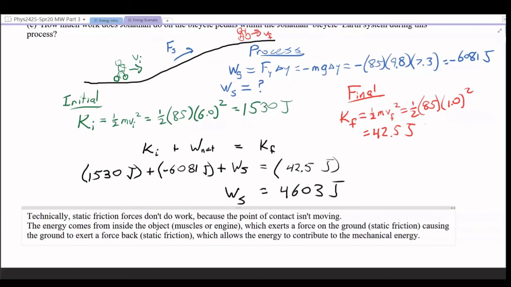And that's what allows the energy to be transferred to the object as work. So it was internal energy, and because of this grip on the ground with static friction force, it becomes work, and work contributes to the chemical energy, and that's this W sub S.